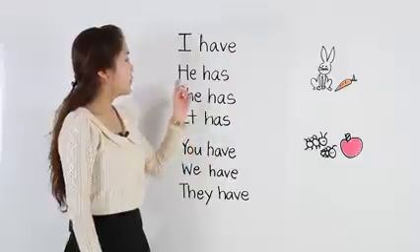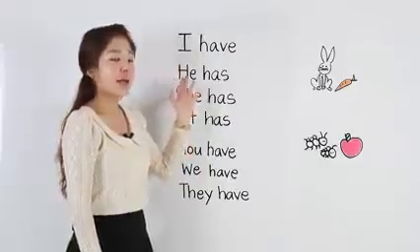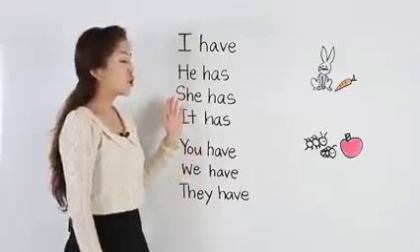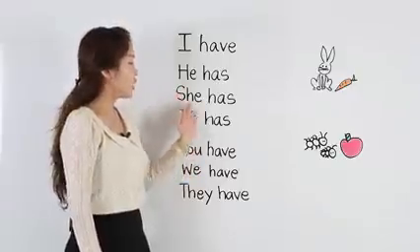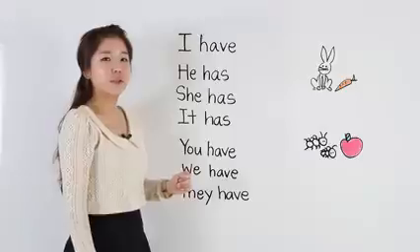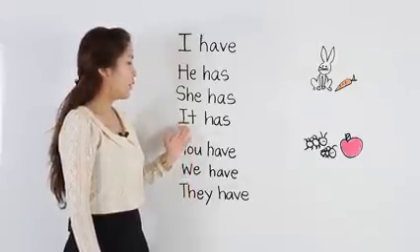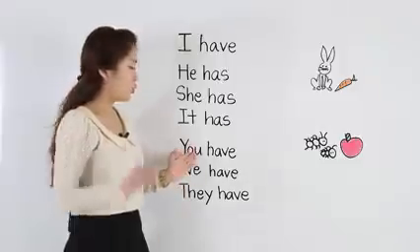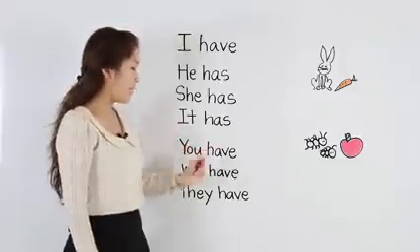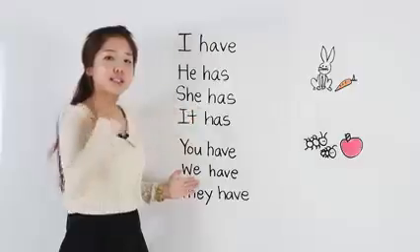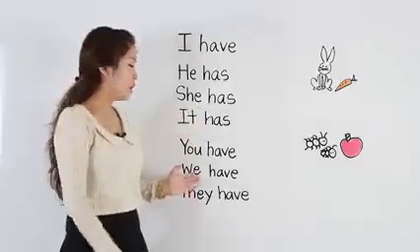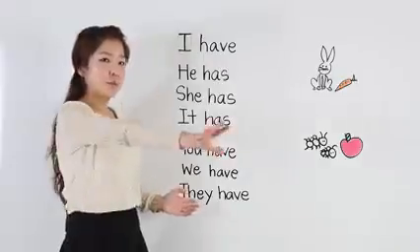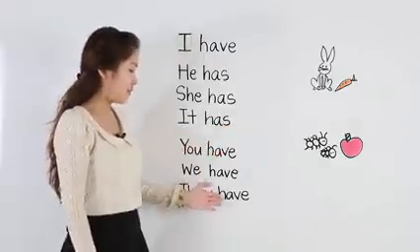Okay, if something belongs to a boy or man, we say he has. For a girl or a woman, she has. For an animal or thing, it has. For you, you have. For us, me and some other people, we say we have. Okay, and some other people, they have.